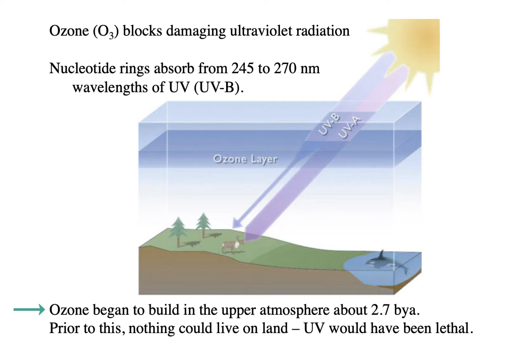But starting about 2.7 billion years ago, some cyanobacteria gained a manganese center in their photosystem, which allowed them to produce oxygen in part of the reaction by splitting water, which yielded more electrons and protons and quite a bit of energy also.